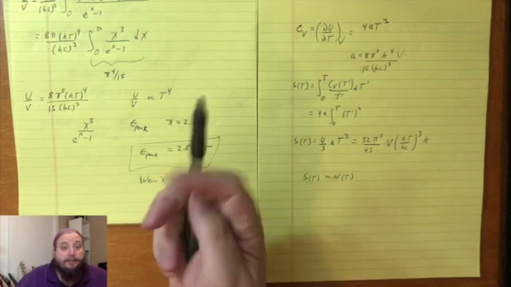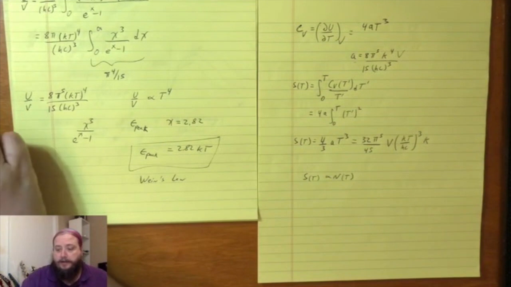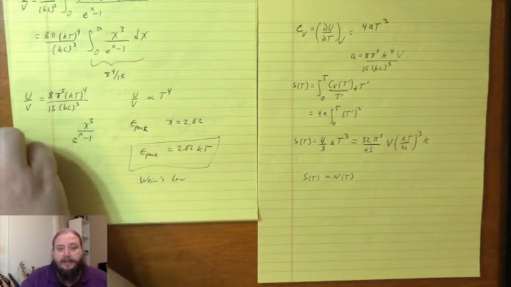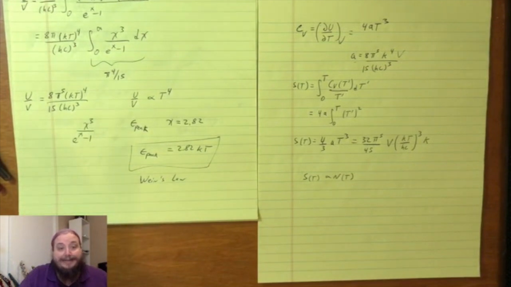So one application of this: this is a description of the electromagnetic field anytime that field is in thermal equilibrium with its environment. For instance, it would describe the electromagnetic field inside a hot sealed box or inside any closed system at thermal equilibrium.